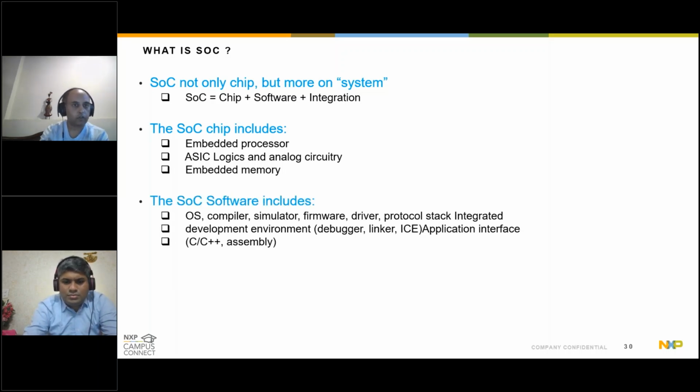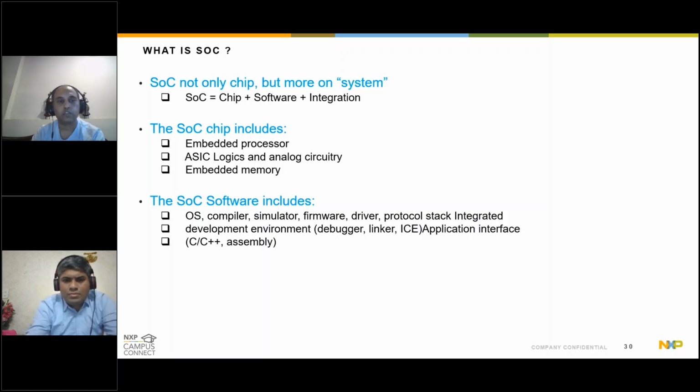So SOC software includes operating system, compiler, simulator, firmware, driver, protocol stack, integrated development environment, application interface, C++, assembly, right? You can imagine today's SOCs are pretty complex, which may have a large number of heterogeneous cores integrated in one SOC with a large number of accelerators.